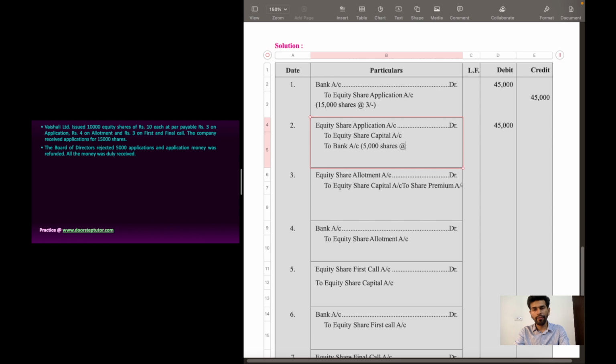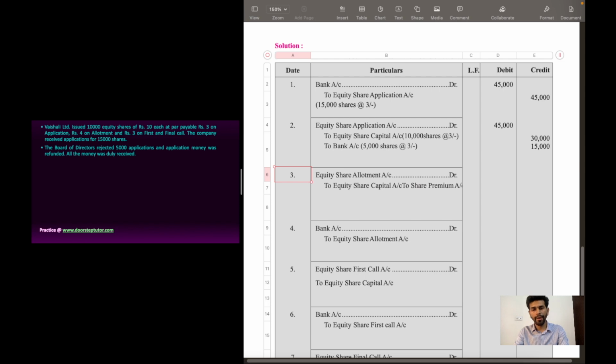So 5,000 equity shares and application money is 3 rupees. So amount refunded is 15,000 rupees, and balancing amount, that is on 10,000 equity shares at the rate 3 rupees, will be credited to equity share capital account, 30,000 rupees.